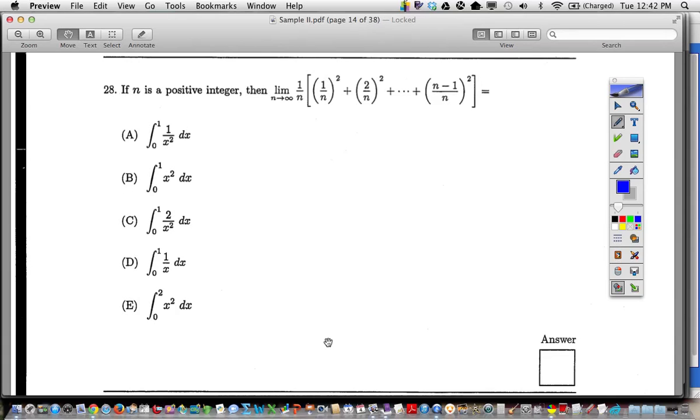Got it? There was something a little bit strange on this one. Actually, I didn't even notice it till I'd already done it. Did you notice anything strange in this one?